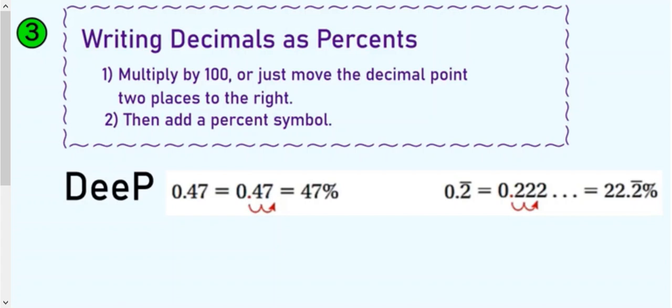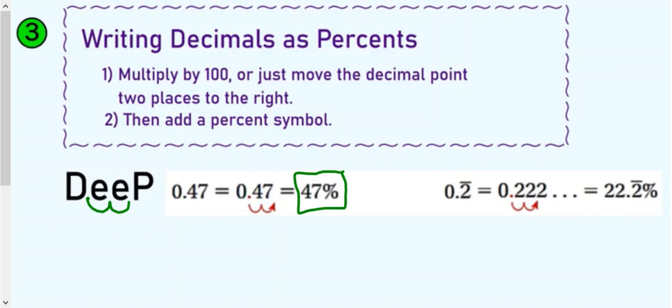So now you can see on our acronym DEEP, we're moving from a decimal to a percent, so we're going to be going to the right. Okay, and then in our 2 examples here, we got 0.47, and you can see how we move the decimal to the right, and then add our percent symbol, so we get 47%.